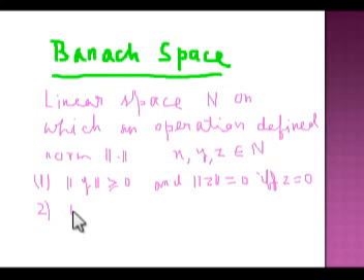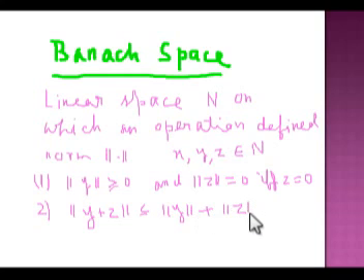For any two vectors y and z, the norm of y plus z must be less than or equal to the norm of y plus the norm of z. This is called the triangular inequality of norm, and you have to remember it.